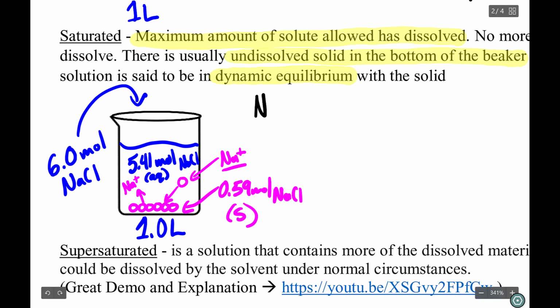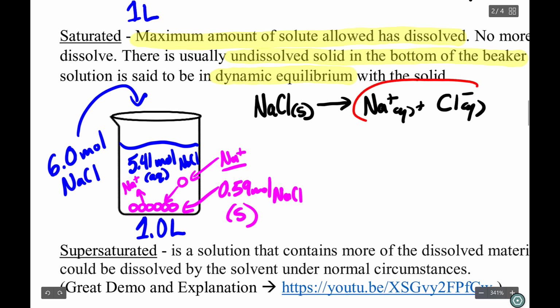So we understand that sodium chloride solid is turning into sodium ions, and it is turning into chloride ions. But when these sodium ions and chloride ions hit that crystal, they will re-solidify, but they'll cause another ion to come out into solution. So how I show that is, this is also going back this direction.